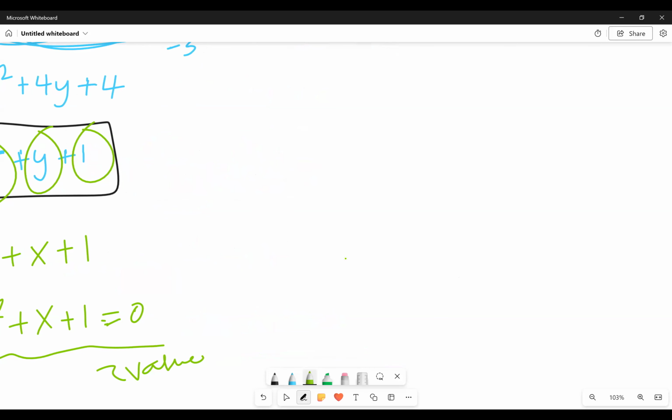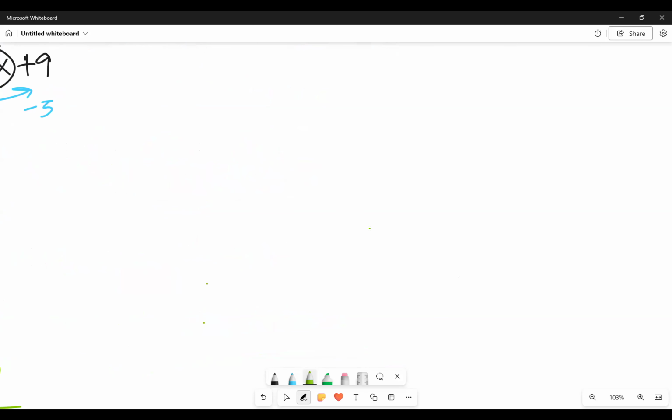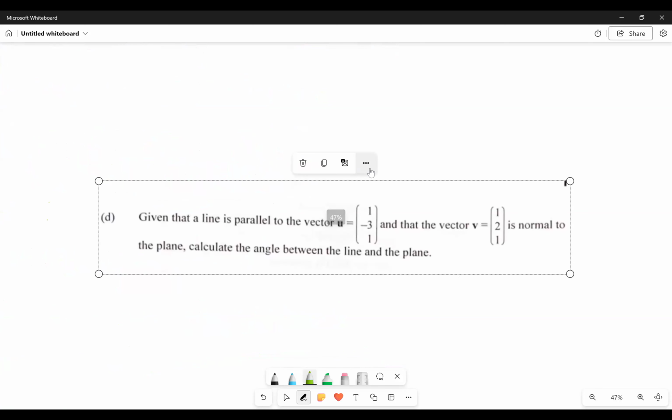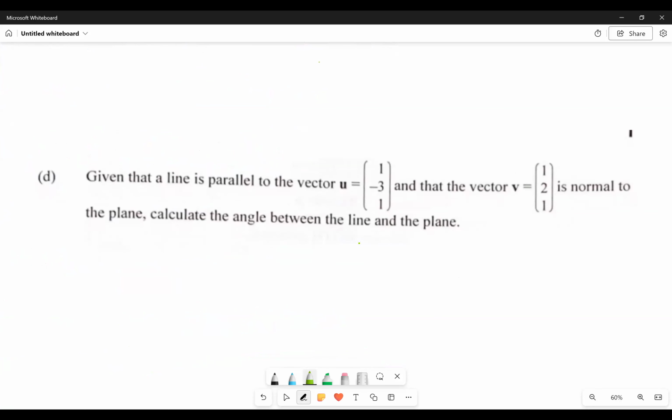Okay, so we just looked at angles, right? The angle here.